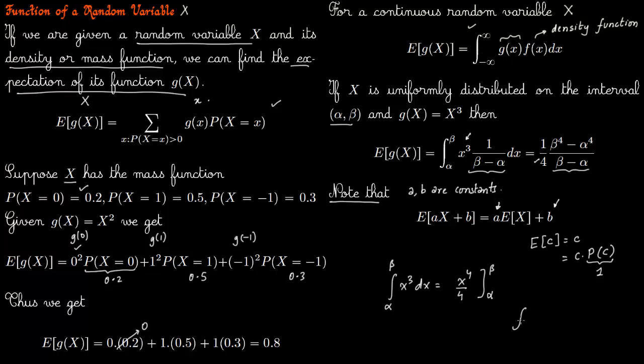So the integral of two functions, say g1 and g2, is nothing but the integral of g1 plus the integral of g2. You could say the same thing with the summation sign, and that is why this formula holds. This is a very important result, and it shows up in multiple places, so this should be memorized.